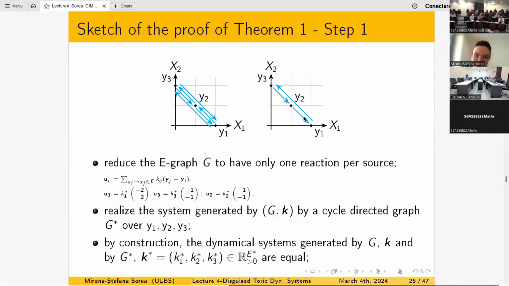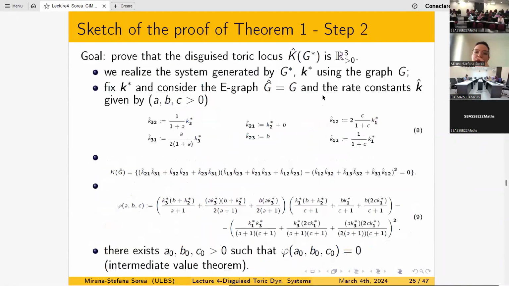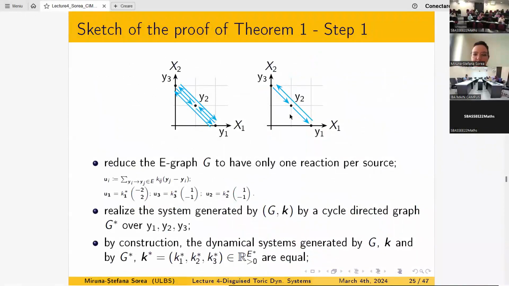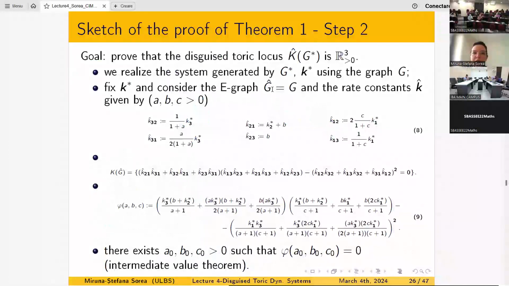We start with this one, and we create all the edges again from before. So we do another dynamical equivalence with the G hat graph. That G hat is again the complete graph on 3 nodes with some new rate constants, K hat.